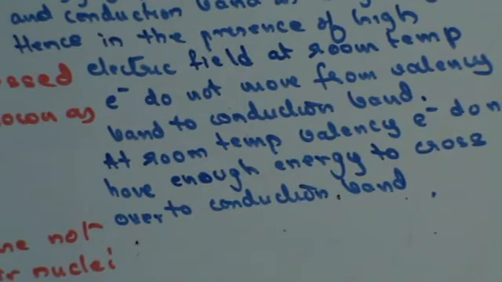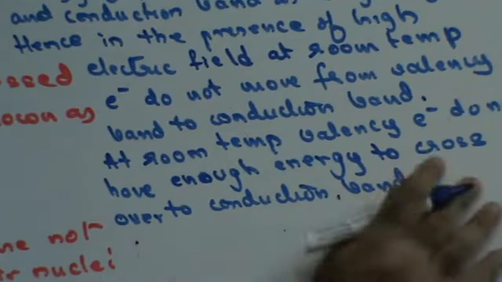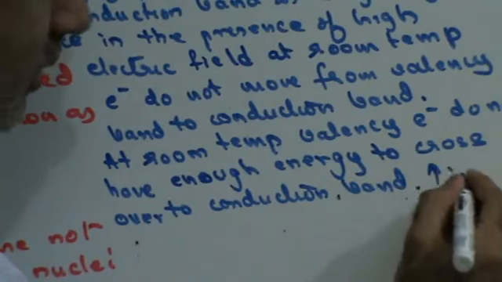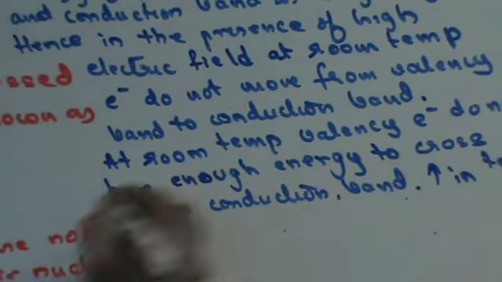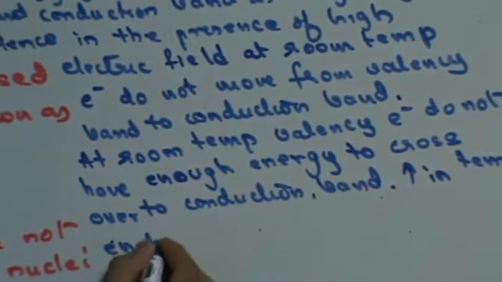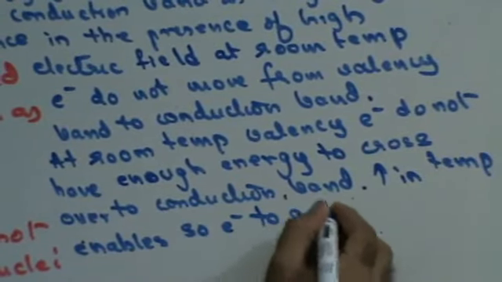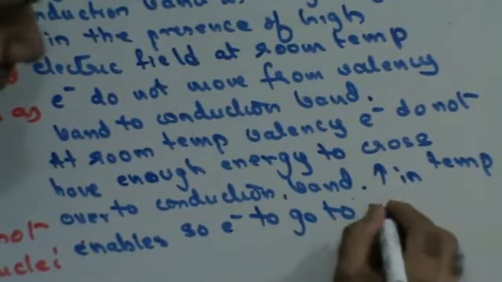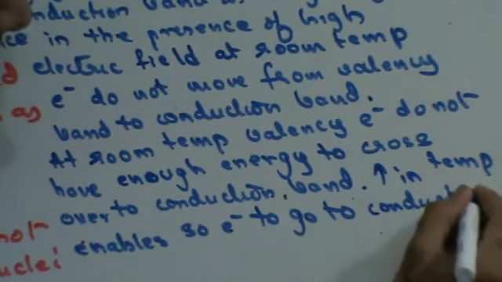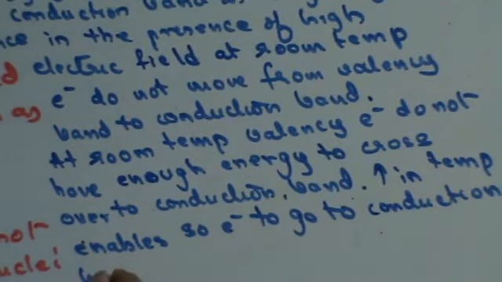Increase in temperature enables some valency electrons to go into the conduction band. Right?